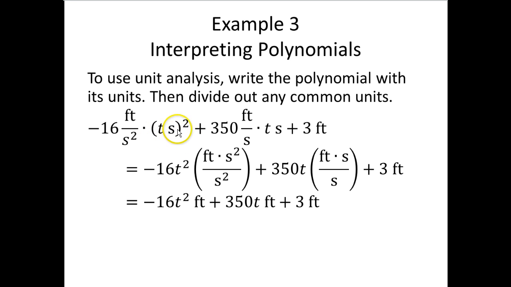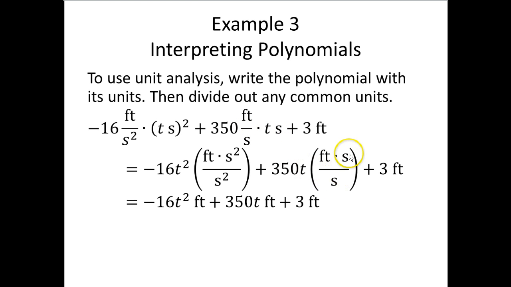Once I distribute the 2 inside to the t and the s, I get t squared times this expression here. Notice that the s squareds will cancel out, so the only thing I'm left with is feet. Inside the parentheses, I'm left with seconds in the numerator and seconds in the denominator once I multiply these fractions through.